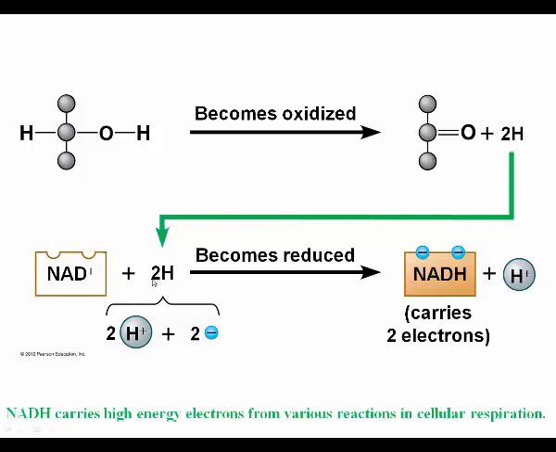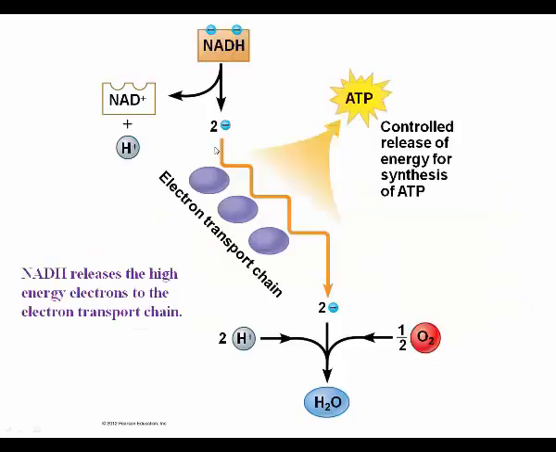The hydrogen atoms are going to become attached to NAD+. NAD+ will then become reduced and be NADH. And it can pick up 2 electrons out of the 2 hydrogen atoms, and there'll be 1 little proton left.